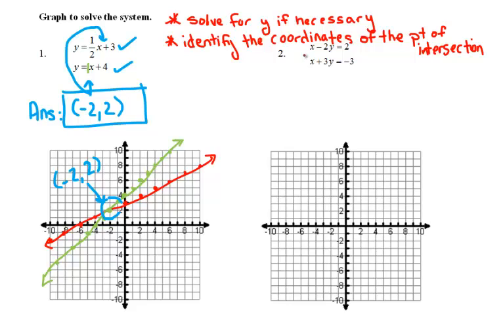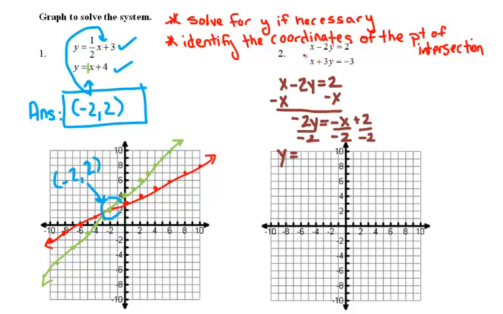In the second example, our equations are not solved for y, so I need to do that first. I'm going to solve for y by subtracting x and then dividing by -2. So I get y equals positive 1/2 x, and then -1.